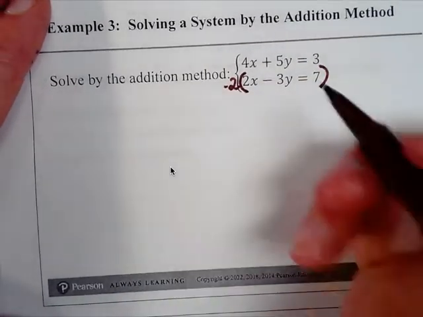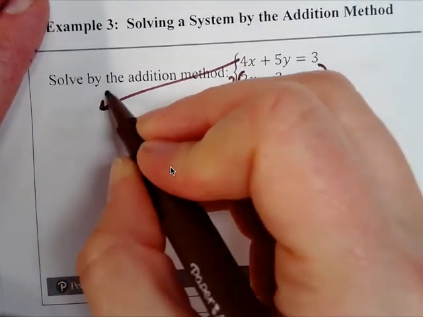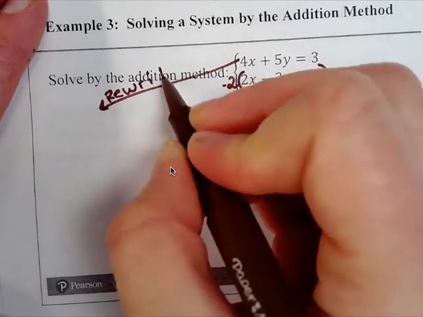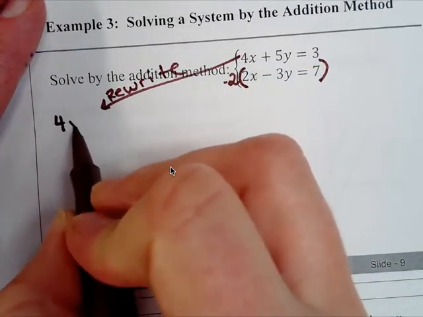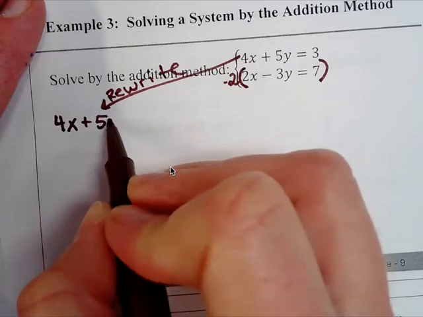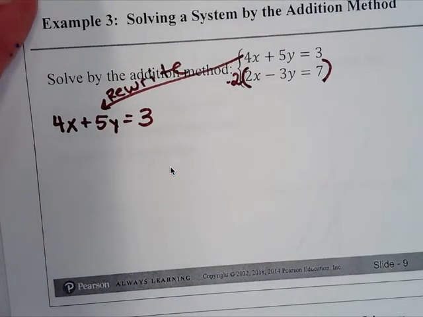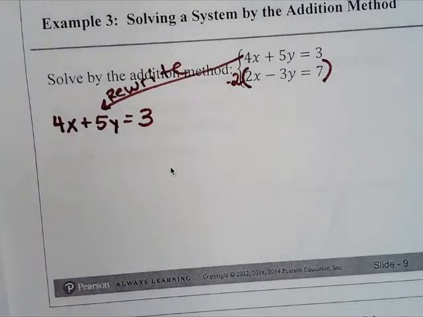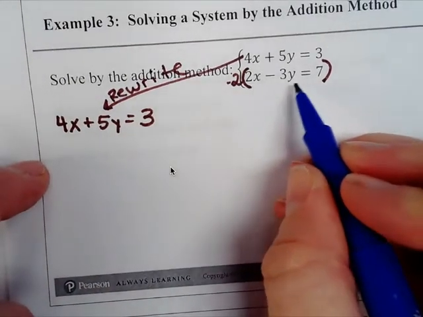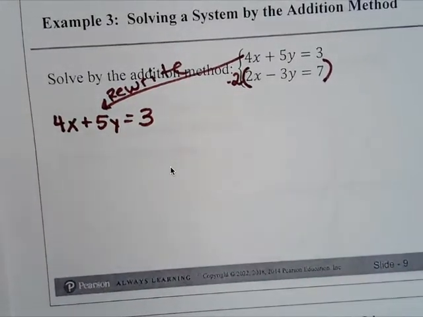I'm going to rewrite this. So rewrite this before I multiply that. And then I'm multiplying this so that I can get rid of my x.